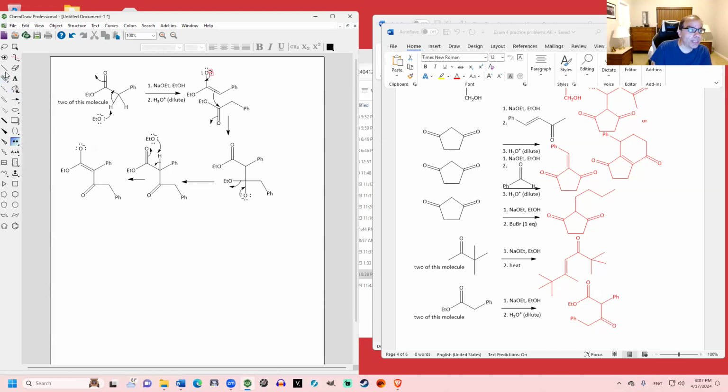That dilute H3O plus will protonate the enolate at the carbon atom, not on the oxygen.